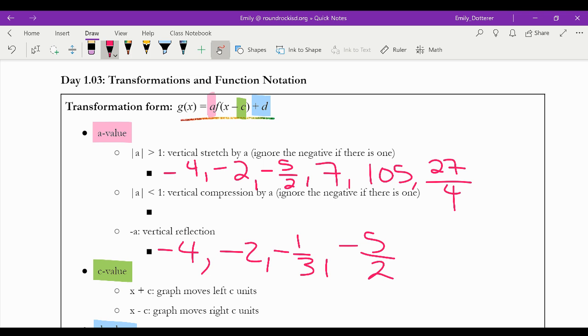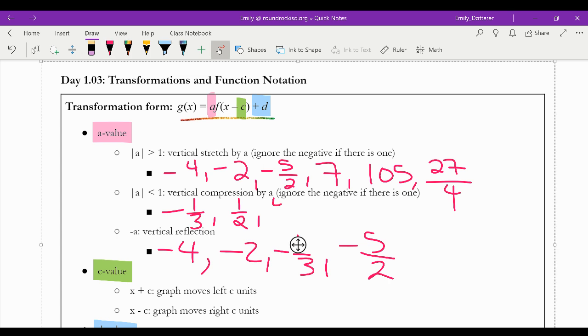If the a value is less than 1, so ignoring the negative, that is a vertical compression. That means that the graph is going to increase more slowly and the graph is going to look wider than it did before.